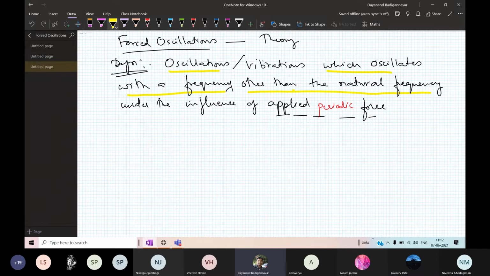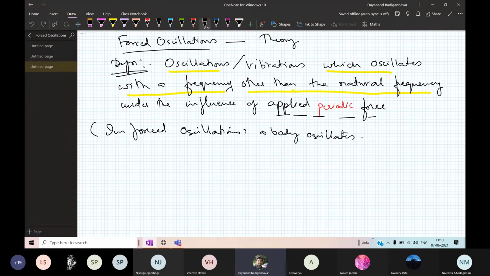So therefore I can write here, in forced oscillations, a body oscillates with a frequency other than the natural frequency.